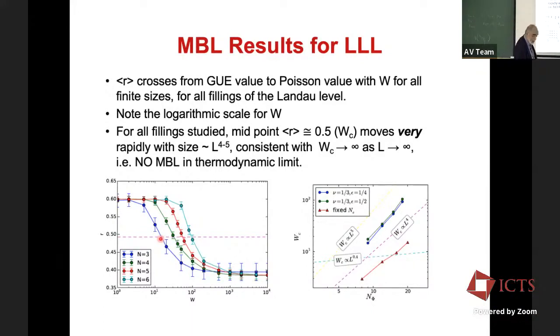Basically, this entire curve will just go like that, and then maybe come down for very large size. And if you go to even larger size, it'll be exponentially larger W that is needed. So it is consistent with the result that there is no many-body localization in the thermodynamic limit.